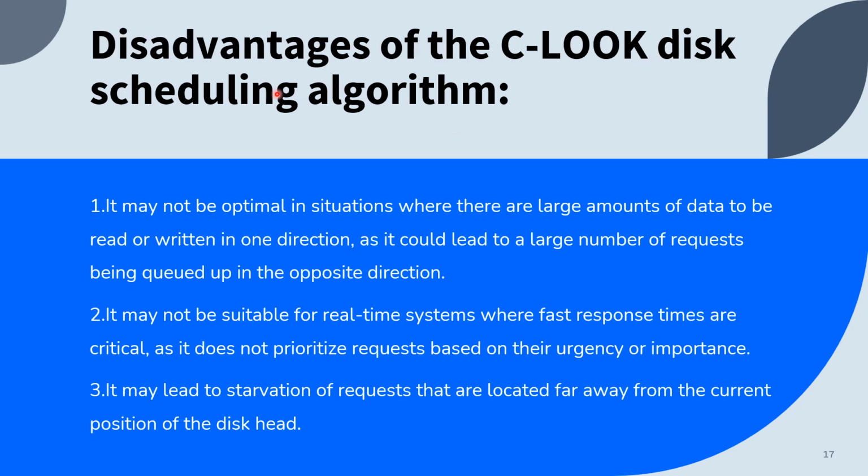Now, let's see the disadvantages of the C-LOOK disk scheduling algorithm. It may not be optimal in situations where there is a large amount of data to be read and written in one direction. It could lead to a large number of requests being queued up in the opposite direction. Let's consider an example: there is a queue given and there are certain requests.